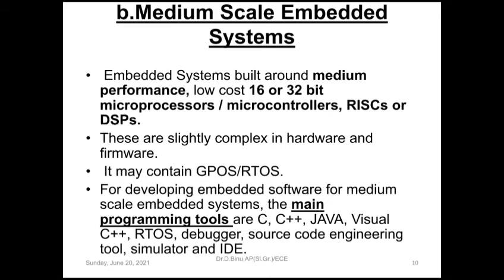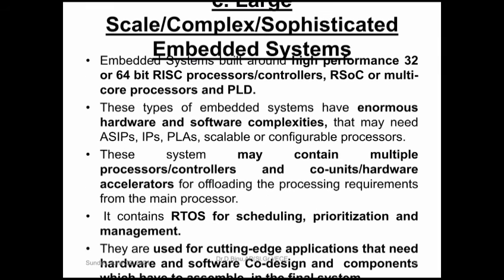These embedded systems are built around low-cost 16-bit or 32-bit microprocessors or microcontrollers or RISC or DSPs. For developing embedded software for medium-scale embedded systems, the main programming tools used are C, C++, Java, Visual C++, real-time operating system debugger, source code engineering tool, simulators, and integrated design environment.